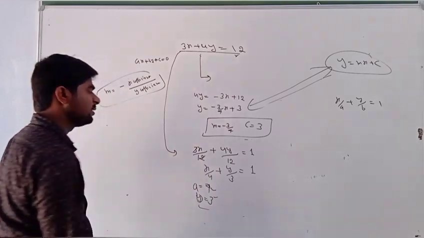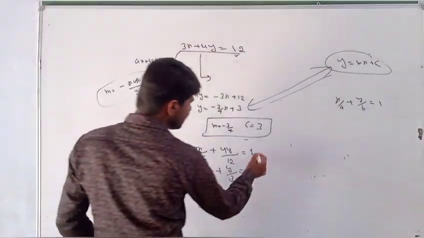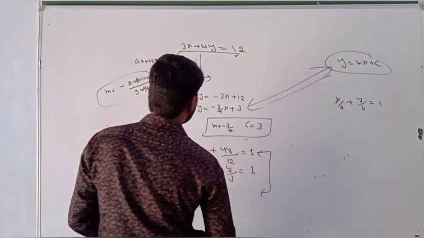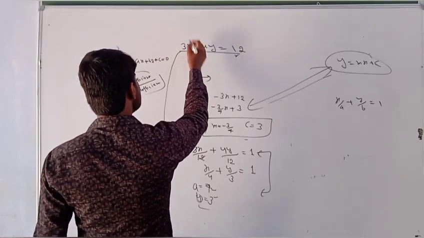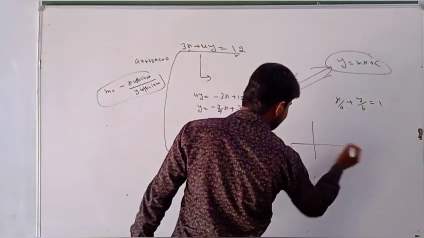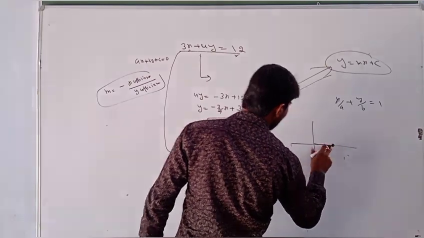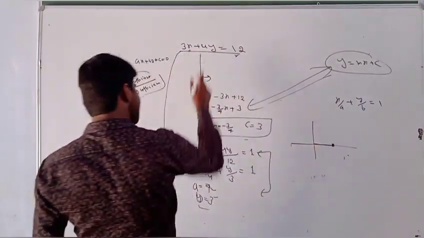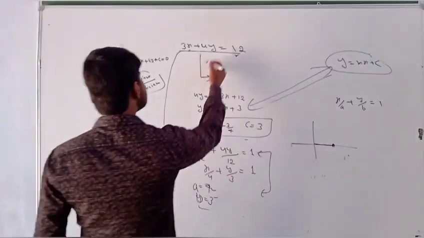This calculation is somewhat lengthy. So what will be the short form? Whenever you want to know the intercept on the x-axis, you see here the value of y will be 0. So whenever you want to find out the intercept on the x-axis, you put y as 0.